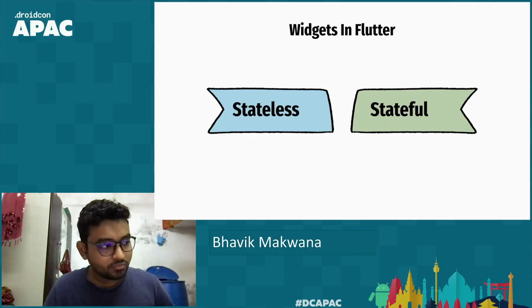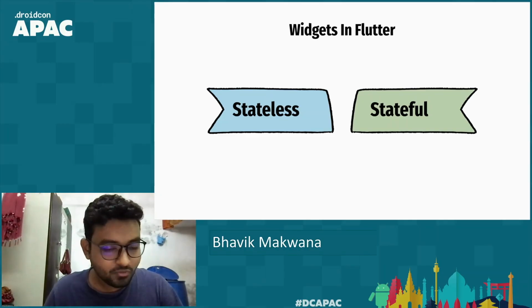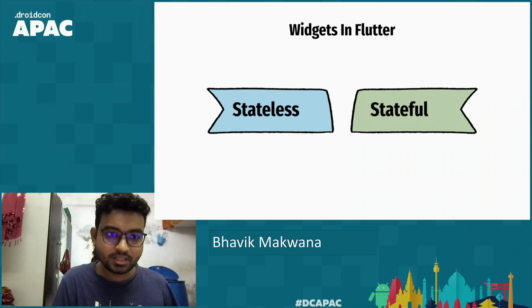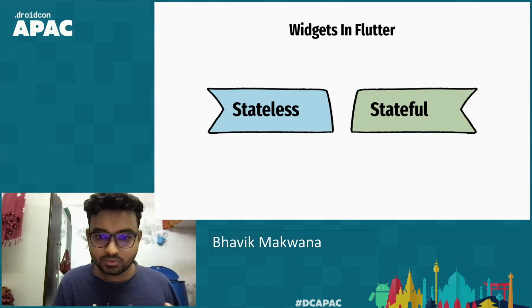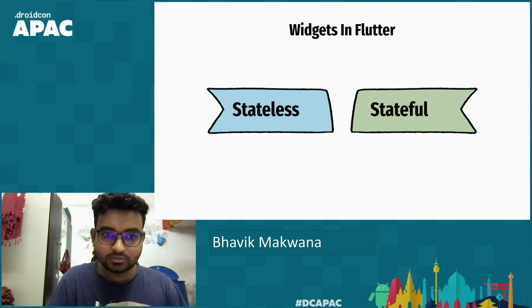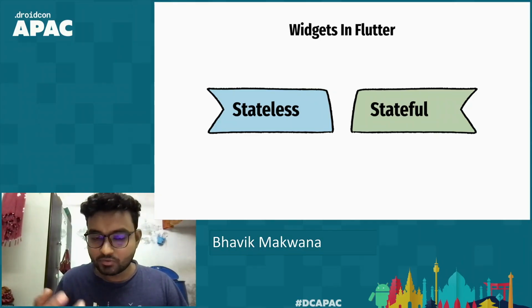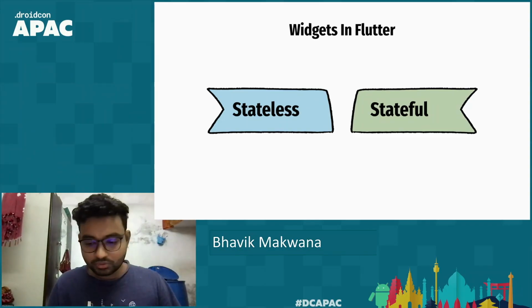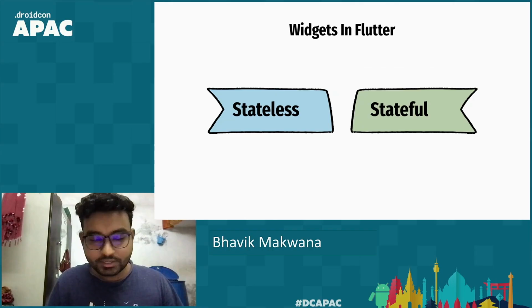We use a stateful widget if we want to change the state of the widget using the setState method. Using that method only, we can change a particular variable or object, and that will reflect in our UI. It is going to rebuild our build method and rerun the UI.